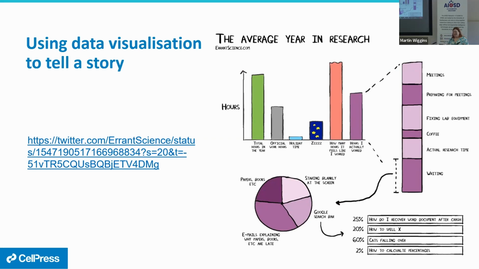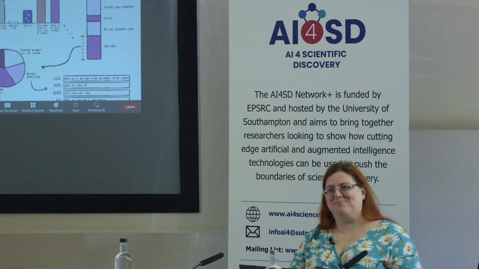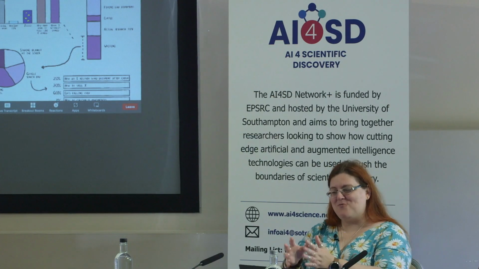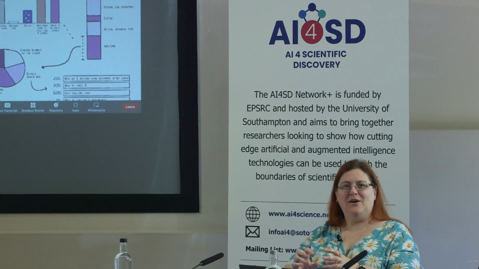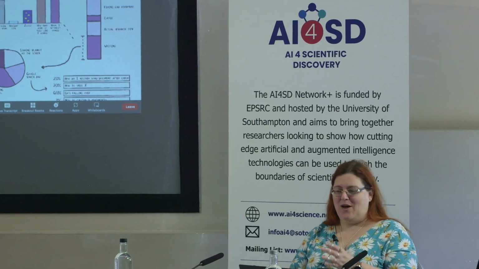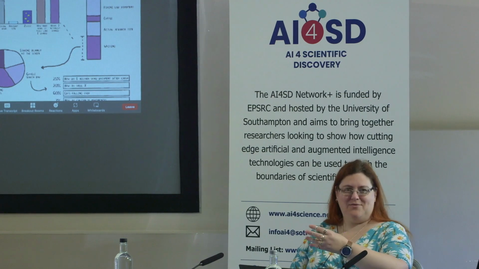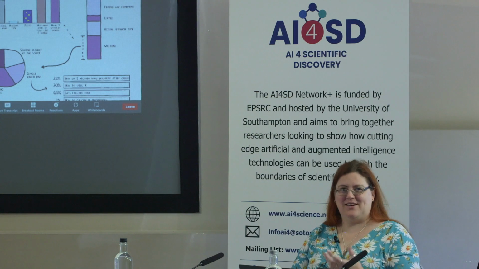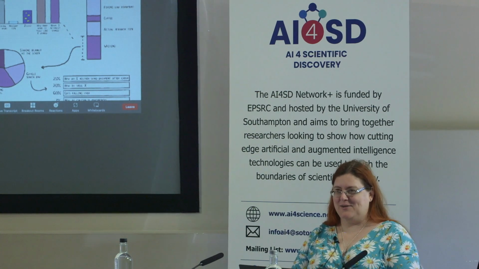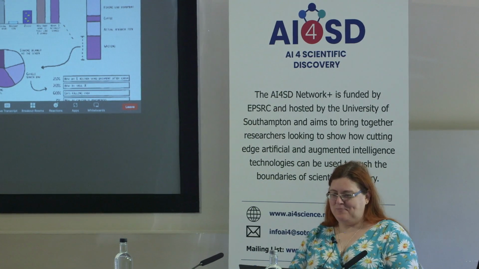How do I spell something or other, and cats falling over, definitely the internet is meant for cats. And then also 2% of the time, how do you calculate percentages? So this is a really nice infographic that takes you very smoothly and easily through the story of what the artist is doing with their day and with their time. And it's really cute. I really like it. And it's very, very fun as well.